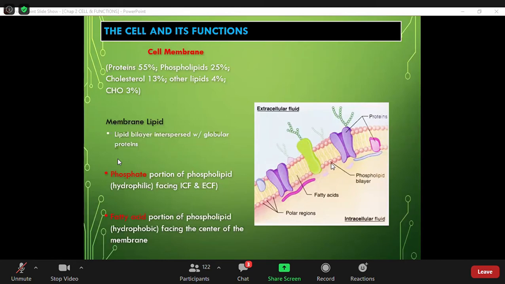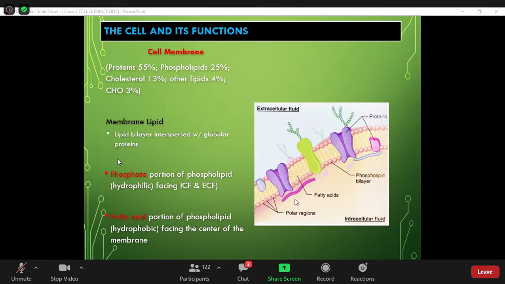Kung boys pa yan, hindi mahilig sa chicks. Hydrophilic, okay? Hydro is water, philic. So it doesn't allow water to pass through, okay?